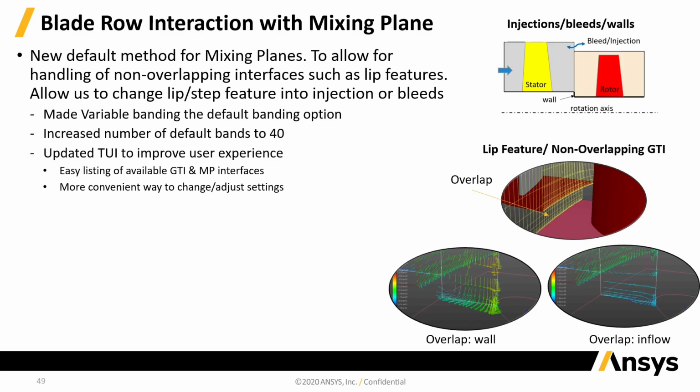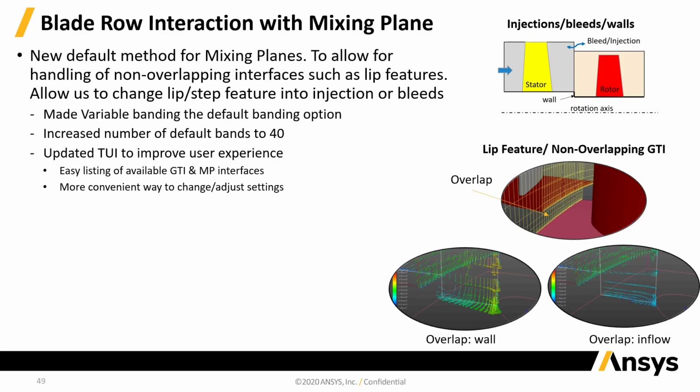So when you've got a couple of blades interacting, as you can see in the top right here, and you've got a mixing plane between them, there were some limitations earlier, but now you can really deal with the fact that you might have wall there, that you might have some bleed flow, and there's been various improvements to make the connections between this better.